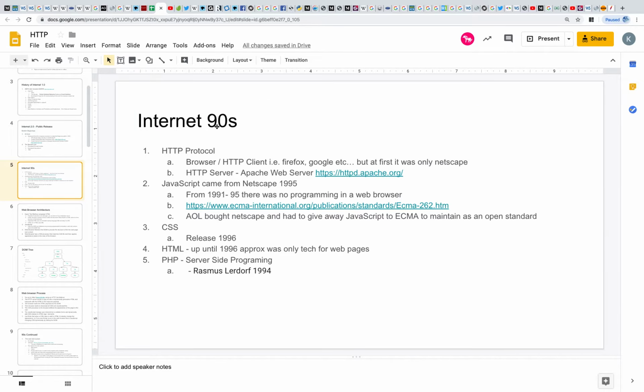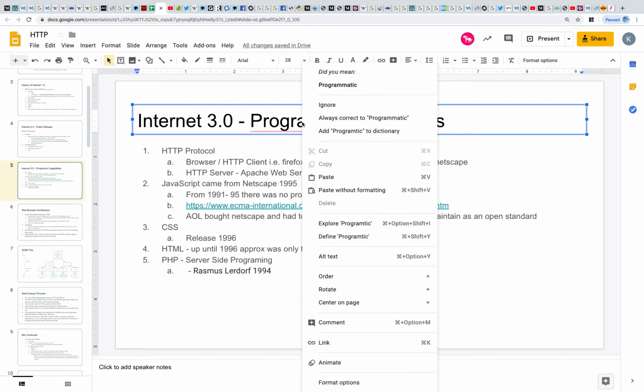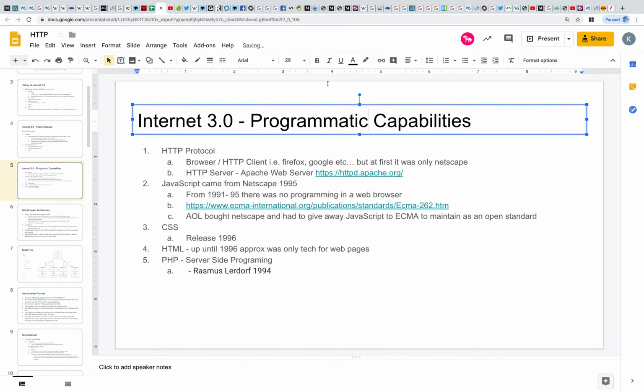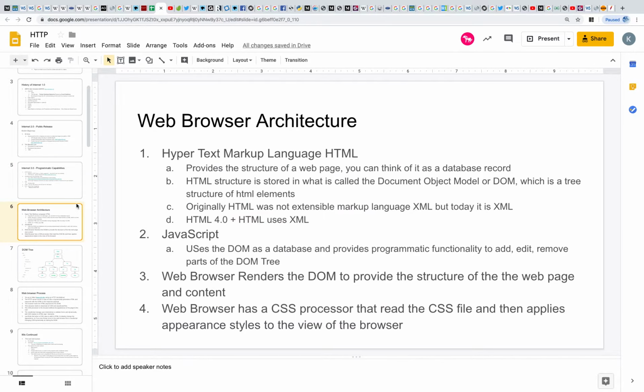Then here we get internet 3.0, programmatic capabilities. And this sort of sets the stage for what's coming next.